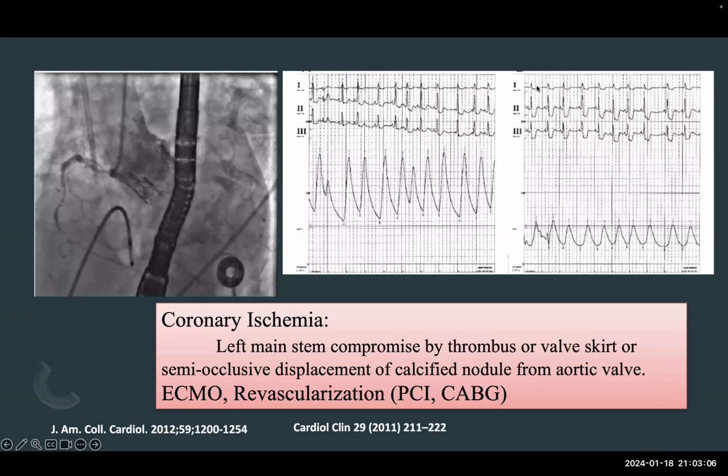When you see findings here and here, that means there is something global affecting the anterior, lateral, and inferior walls. The right is okay and the left is occluded. The left main stem is compromised by thrombus, or the valve skirt, or displacement. The most important thing to do is stabilize the patient with ECMO and restore the flow as soon as possible.